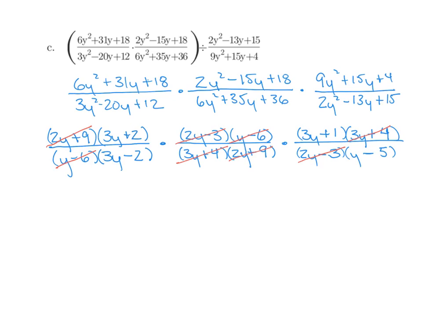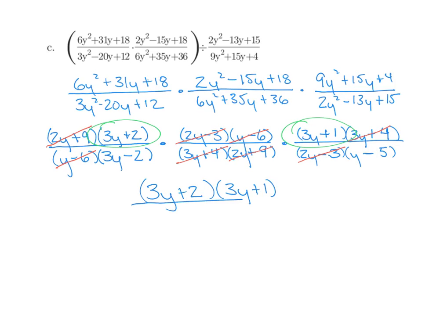I believe that takes care of all of them. So on top we have 3y plus 2 and 3y plus 1. On bottom, we have 3y minus 2 and y minus 5. And so that will be our final answer. We can leave this in factored form. We're done.